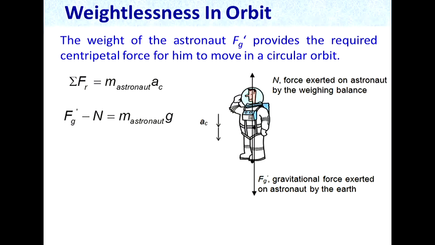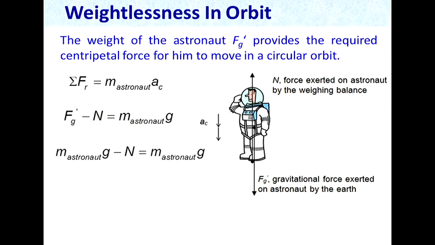It must be equal to mg. We replace the centripetal acceleration with g. We've derived earlier that the centripetal acceleration is equal to the gravitational field strength at that position. And this value of g will be much smaller than 9.81, but it is non-zero.